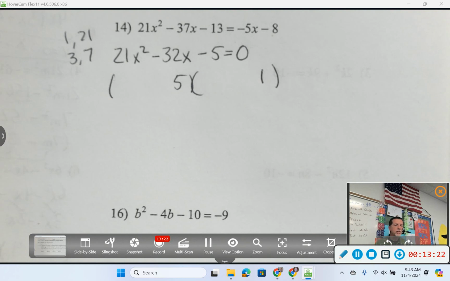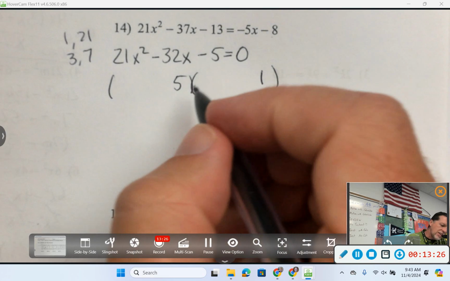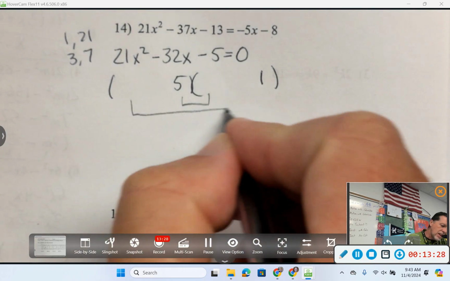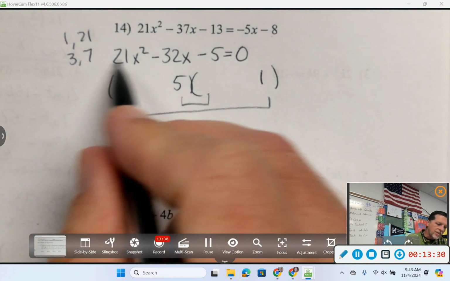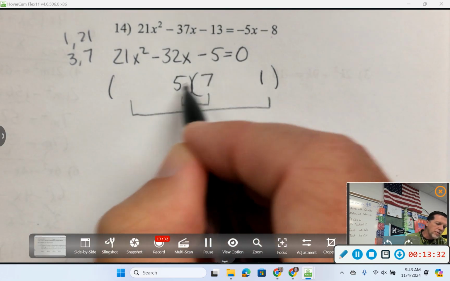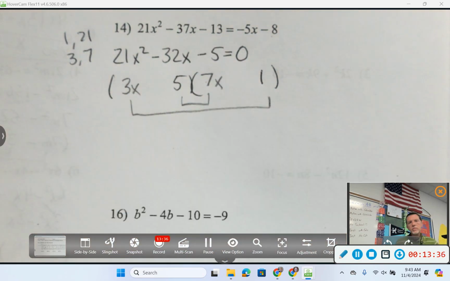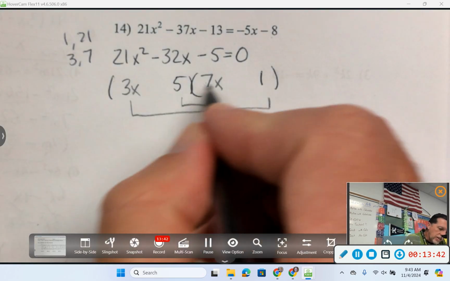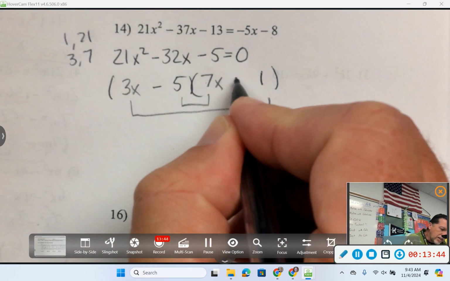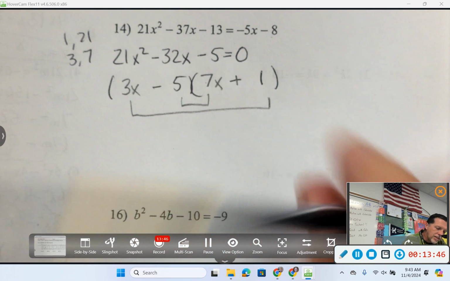So I don't think 1 and 21 would get me anywhere. 3 and 7. Oh, I see. If I put the 7 across from the 5, that gets me to 35. And the 3 across from the 1 makes 3. So I want the 35 to be negative and the 3 to be positive.